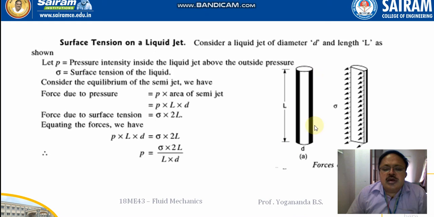Considering this as a rectangular area, the area of the jet is L into D, and the pressure force acting on this rectangular area is P into L into D. Now the force due to the surface tension: the surface tension is acting only on the periphery.